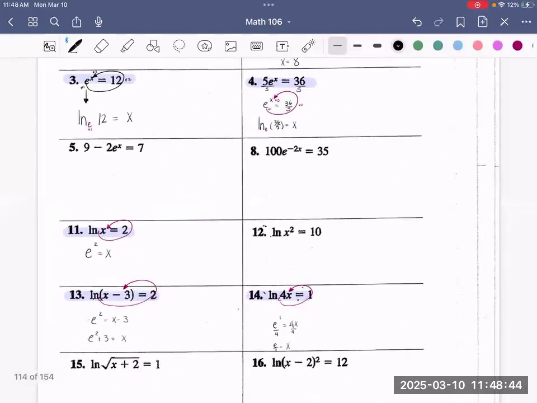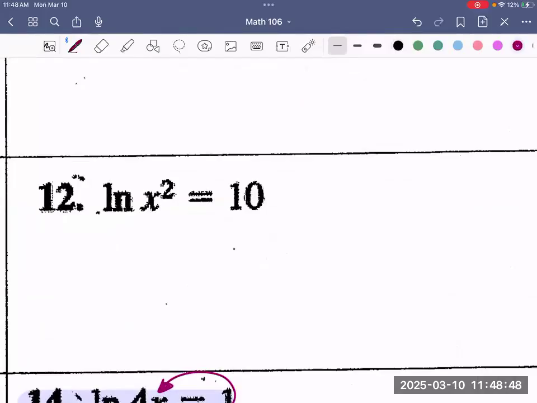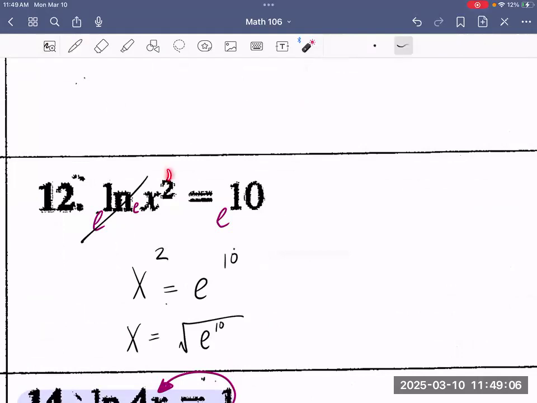Or if you were to do it again, let's see if there's a quick one over here, right? If I know my base here is e, I can write my base of e, and I can cancel. x squared is equal to e to the 10th, in which case x is equal to the square root of e to the 10. Keep in mind, we start with an exponent or a logarithm, so you have to be careful with your x values, right?